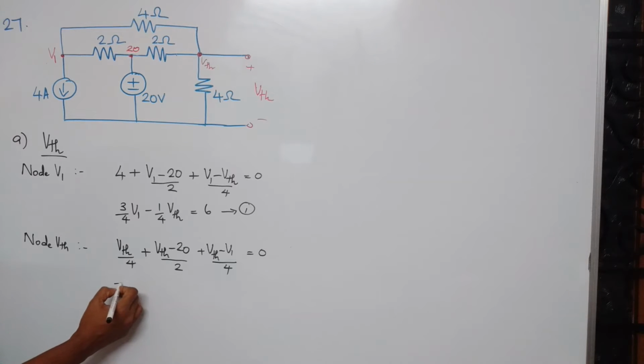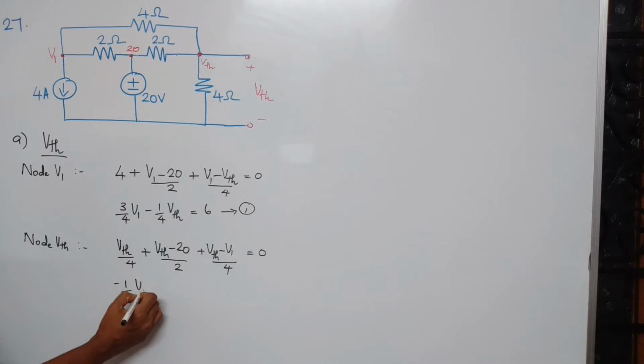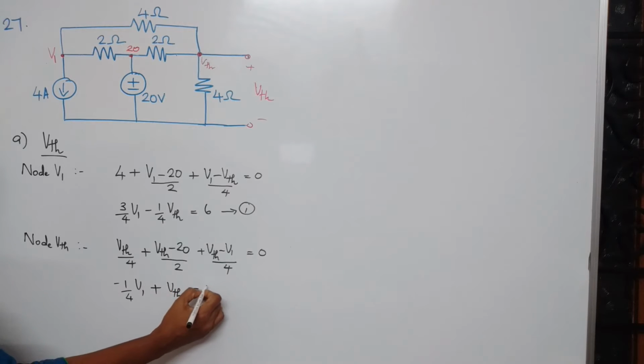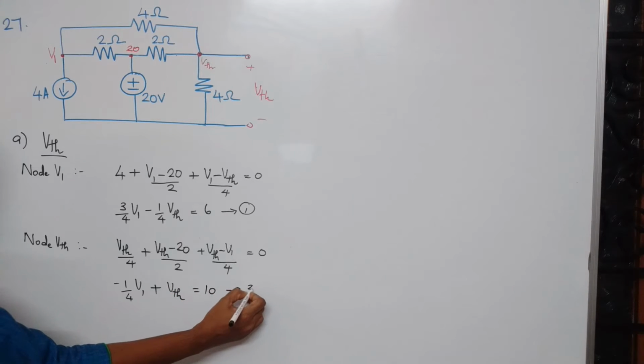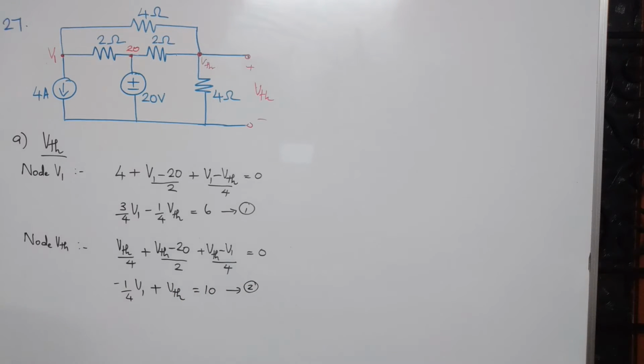Or we can write minus 1 by 4 V1 plus VTH is equal to 10. This is equation number 2.